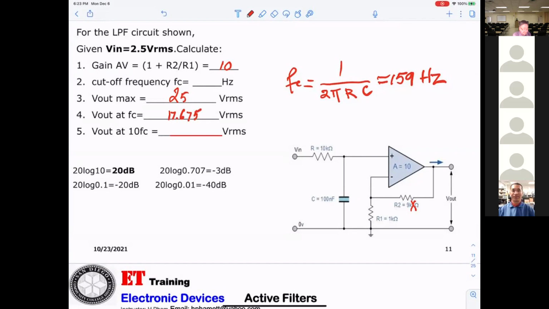And now at the cutoff, at 10 times the frequency of the cutoff, it will be down 20 dB. That means you take 25 times 0.1, 2.5, right? Correct.